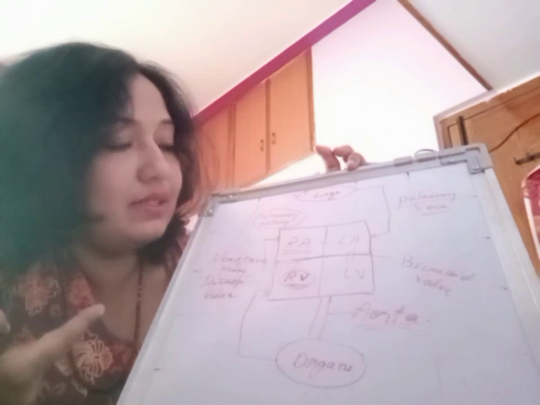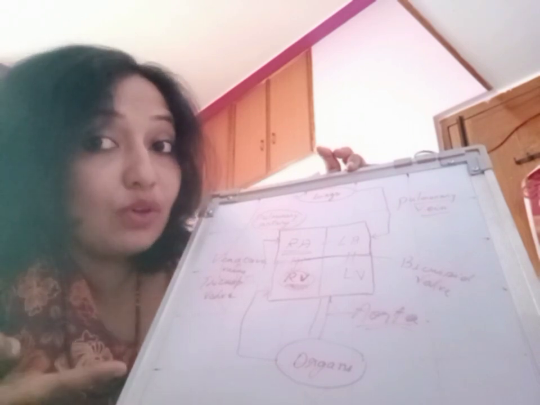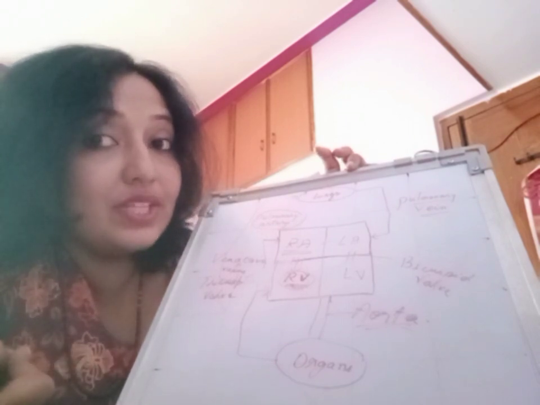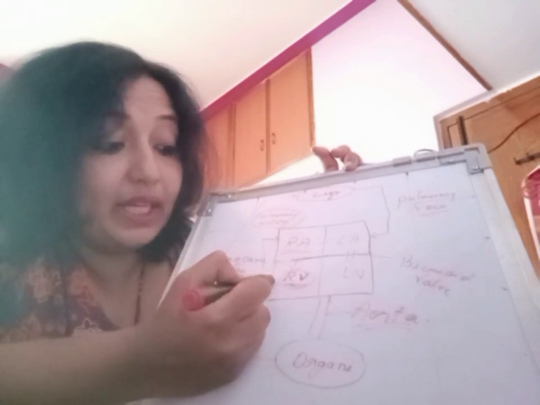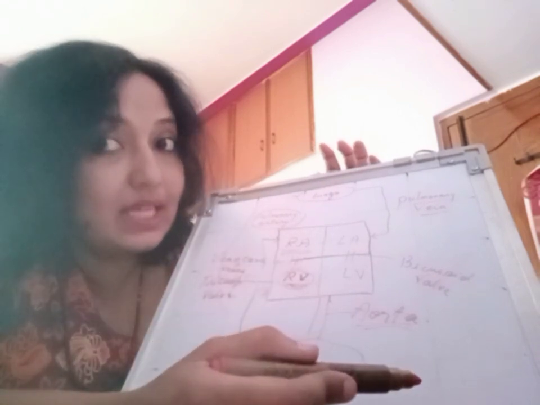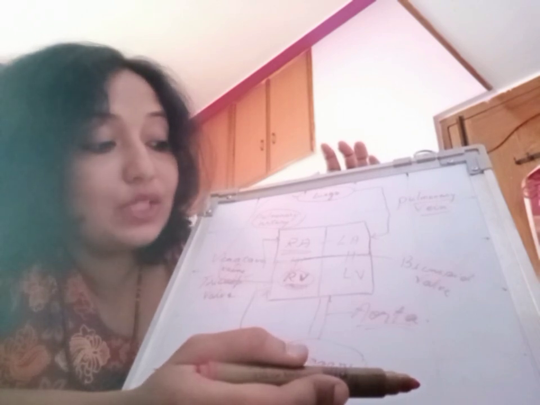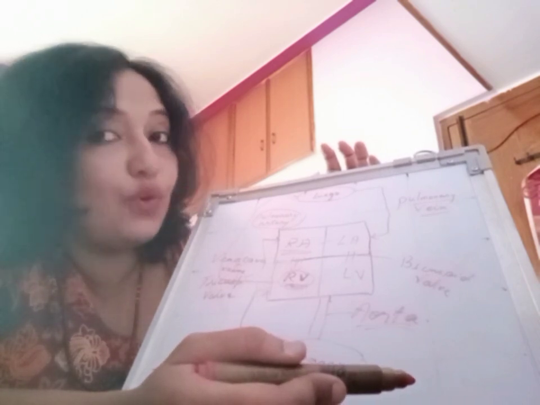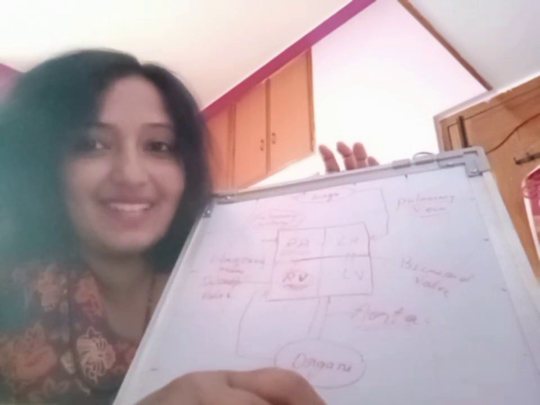From where? From the right ventricle to the lungs for oxygenation purpose. This is how the circulation takes place.